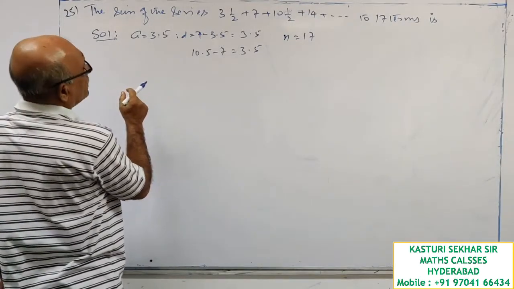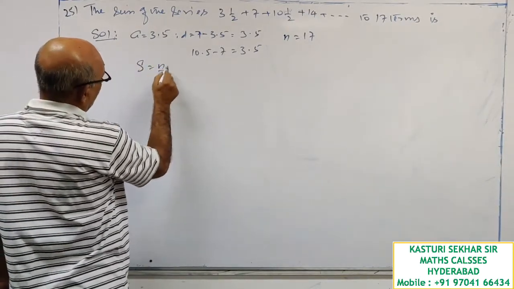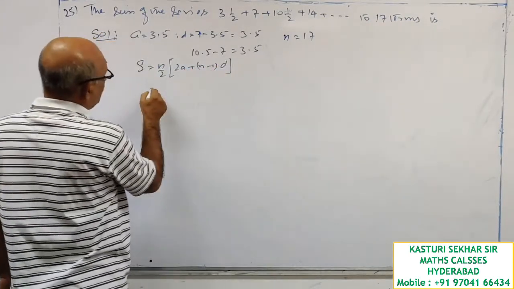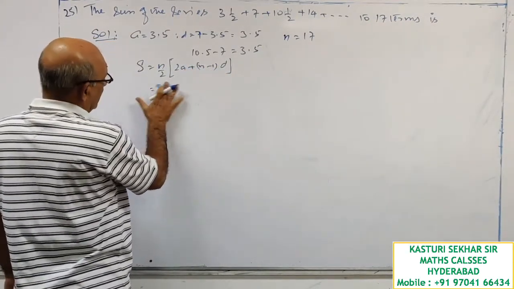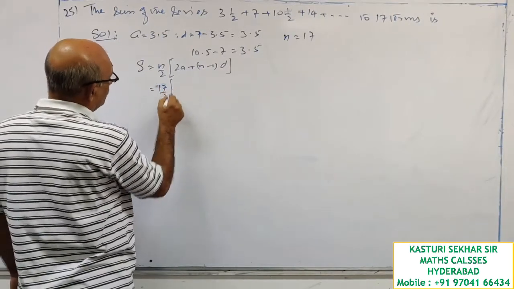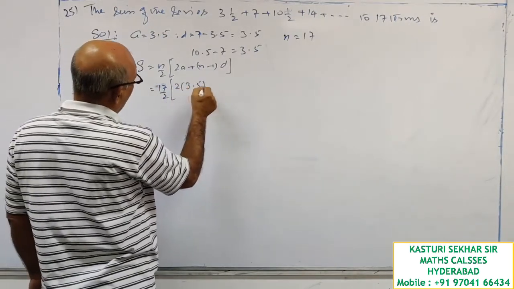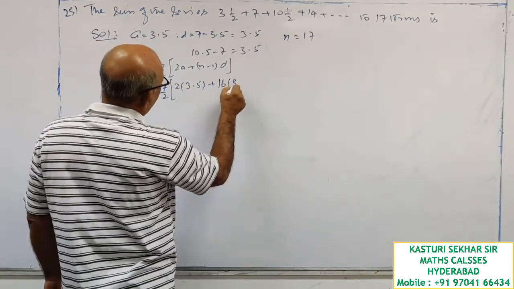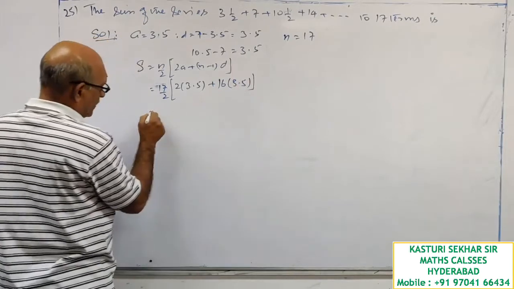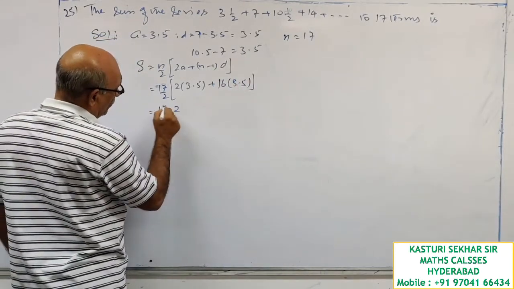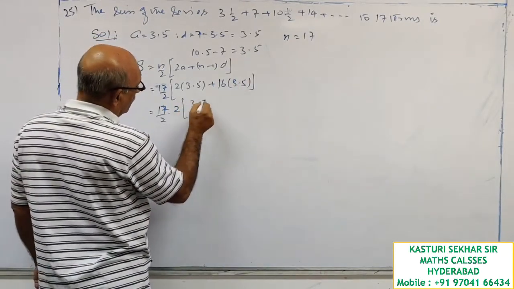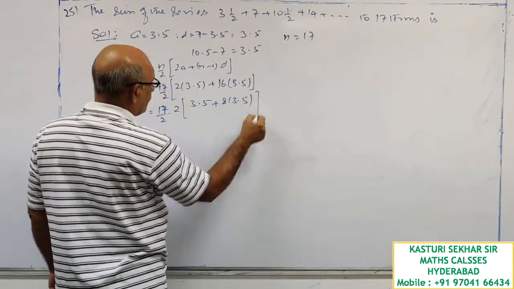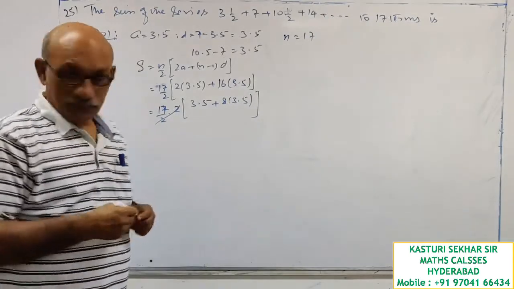Now what is required? Sum is required. S is equal to n by 2 into 2a plus n minus 1 into d. N is 17, so 17 by 2 into 2 into 3.5 plus 16 into common difference 3.5. You can take 2 as common: 3.5 plus 8 into 3.5. 2 cancel.